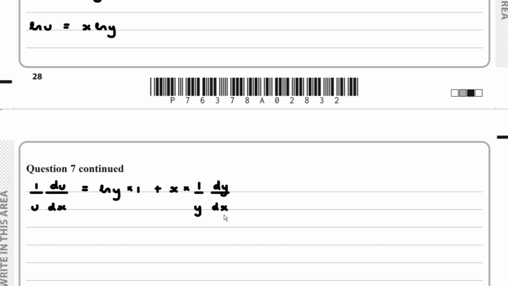So that's 1 over y dy over dx. So we would have du over dx equaling, well, if I multiply through by u, I have u multiplied by the natural log of y plus x times by 1 over y, which is x over y, times dy over dx.